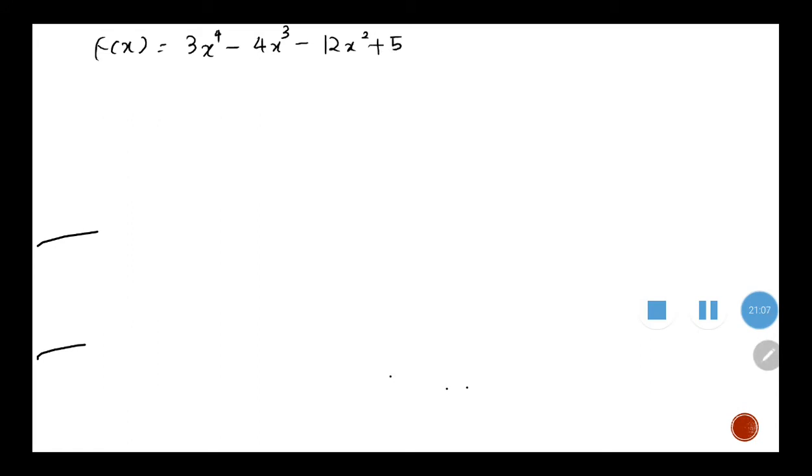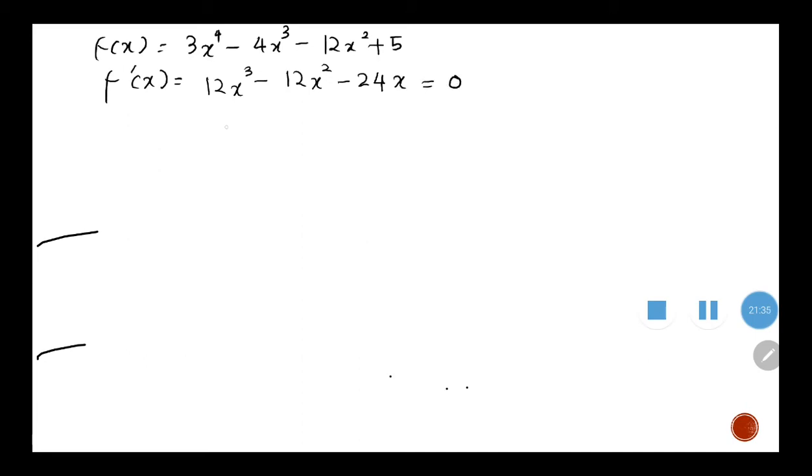And then what you should do next is to find dy dx or f prime x of the original equation. So now it should be 12x cube minus 12x square minus 24x, and then everything equal to 0.